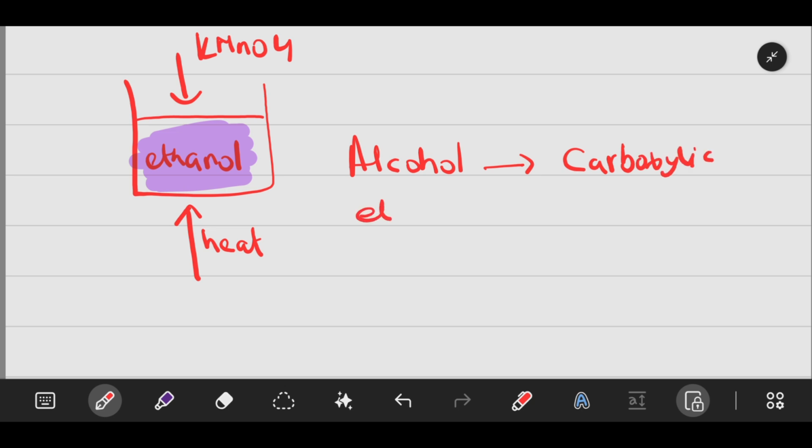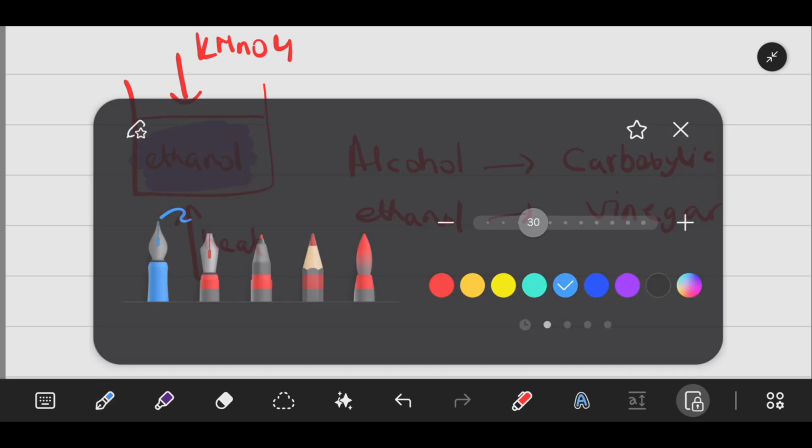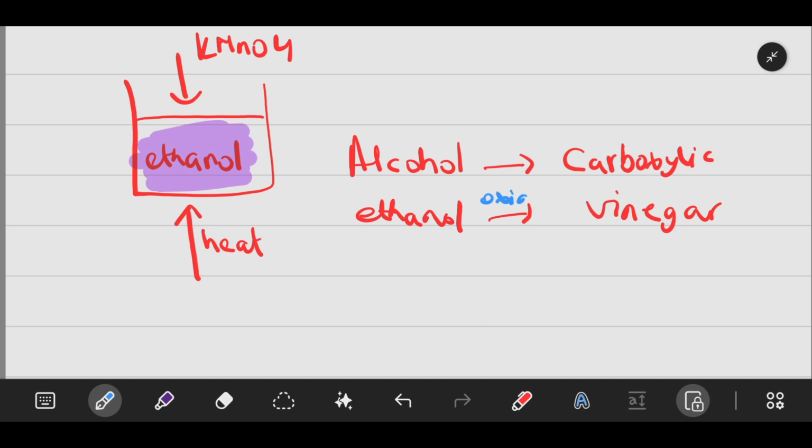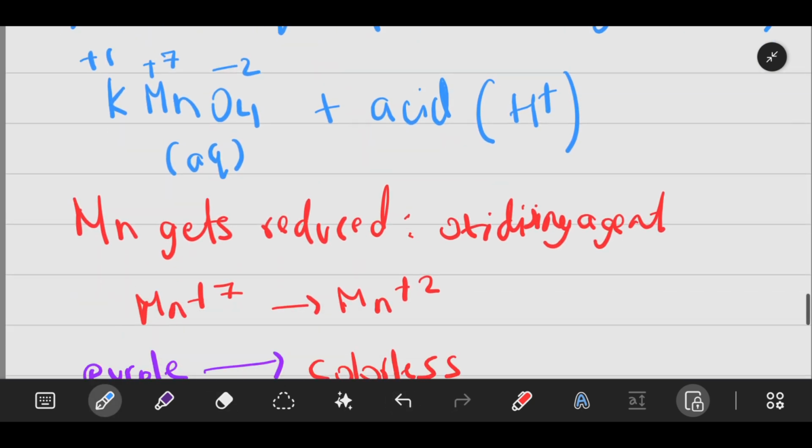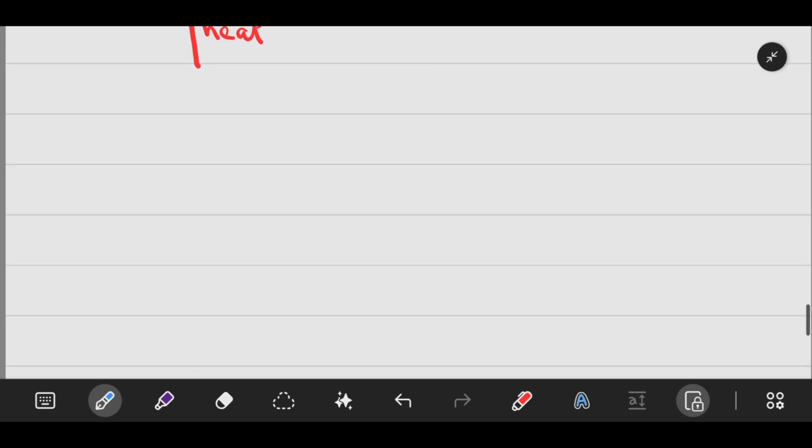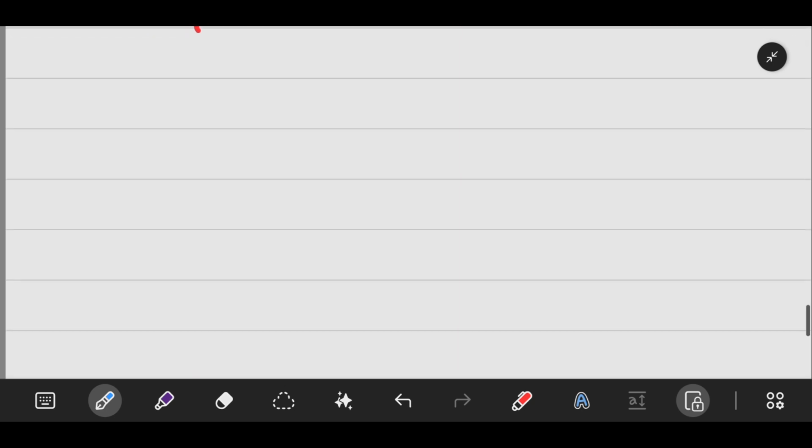In this case, we used ethanol, so we got vinegar by oxidizing it, right? We did it by oxidizing it. Okay, and this will change to colorless again, right? This is now vinegar. I hope that's clear.